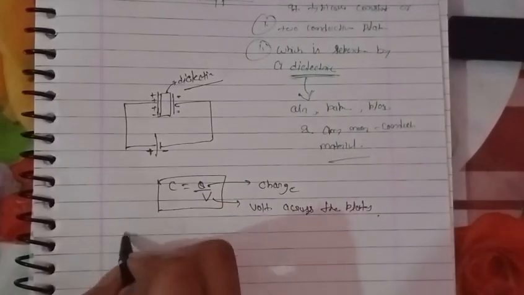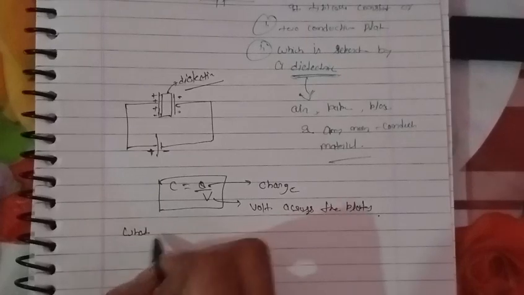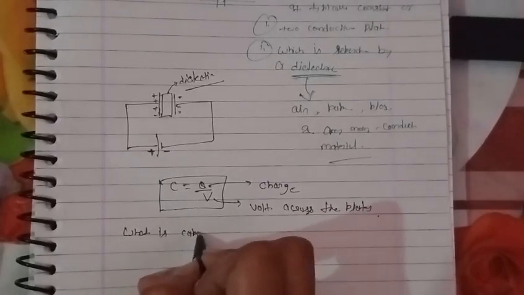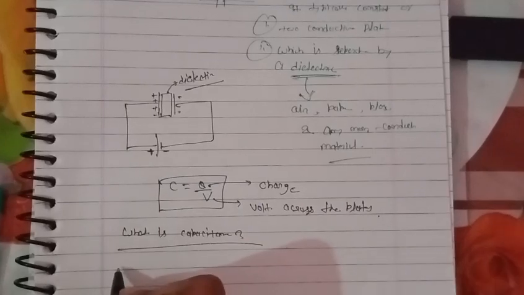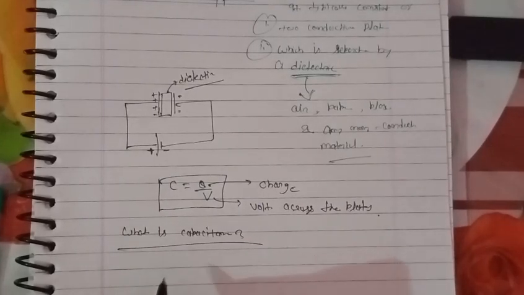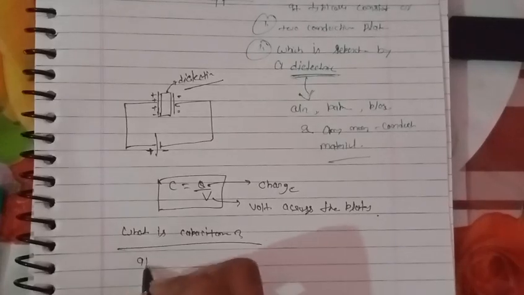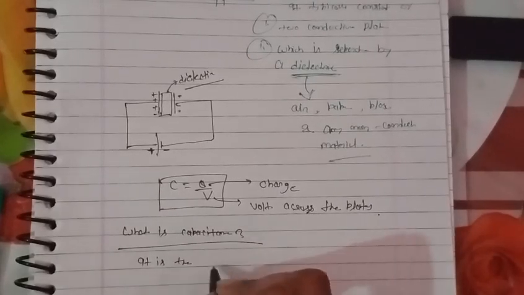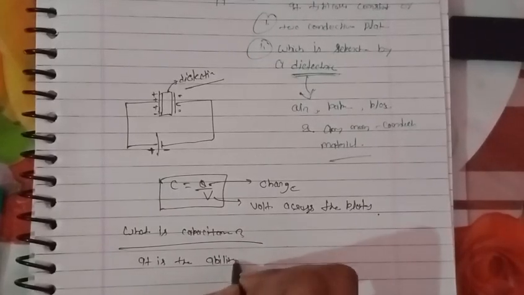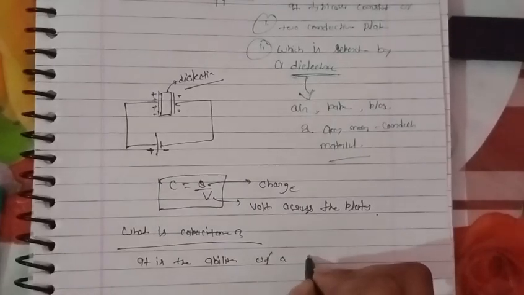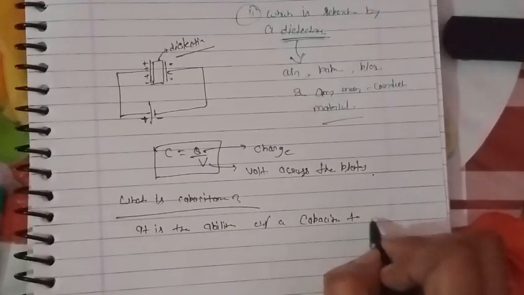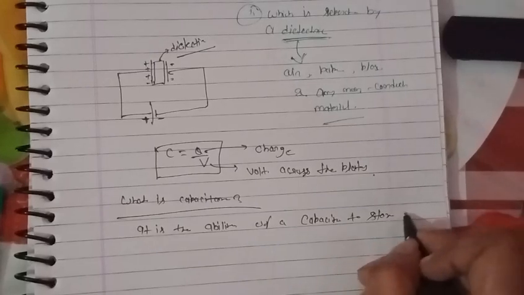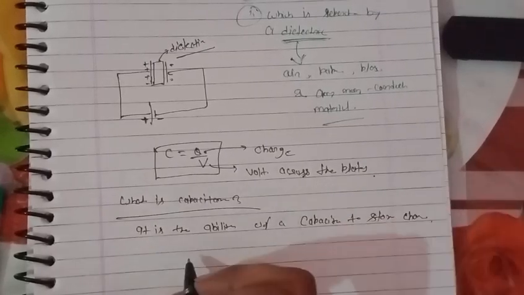What is capacitance? Capacitance is the ability of a capacitor to store charge.